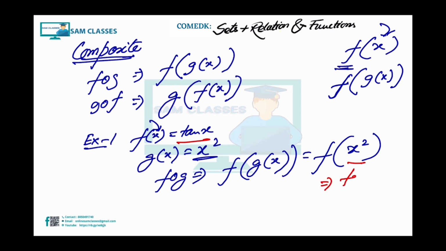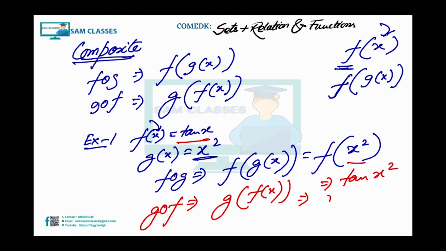If I'm putting x square, what will be the value? Tan of x square. That's it. Okay, nothing difficult. Now what about gof? That is equal to g(f(x)). So in the function g, I'm putting f(x), which is tan x. If I'm putting x in g, I'm getting output x square. So if I'm putting tan x, I'll get tan x the whole square. So is it anything very difficult? No.